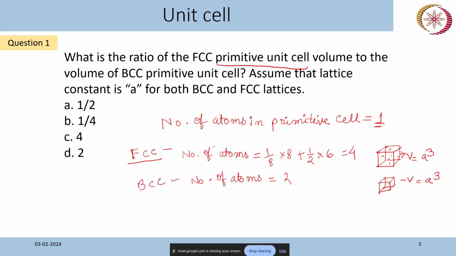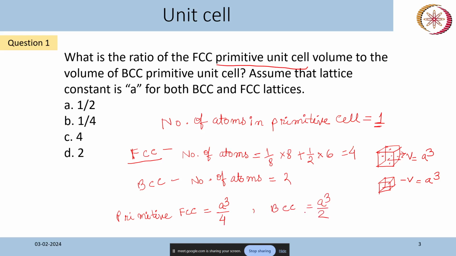So to get the volume of the primitive unit cell of FCC, we will divide the volume by 4. For BCC, it will be a cubed by 2.